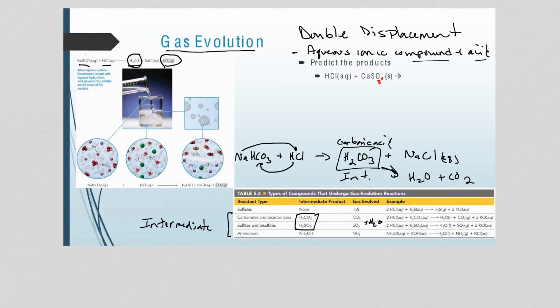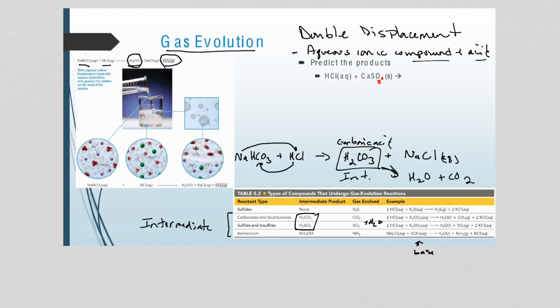You also have one that involves ammonia. Ammonium, remember, is another polyatomic ion, and so when you get ammonium compounds, this ionic compound with the ammonium ion reacts, in this case, not with acid but with a base.